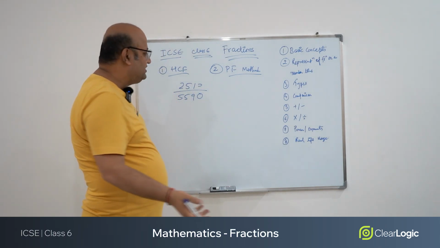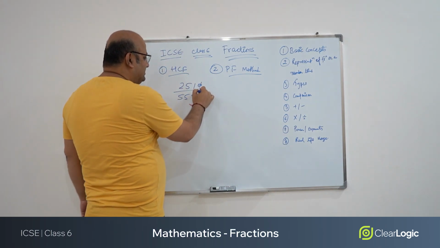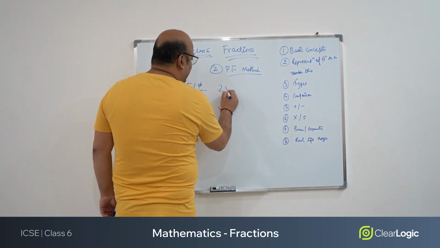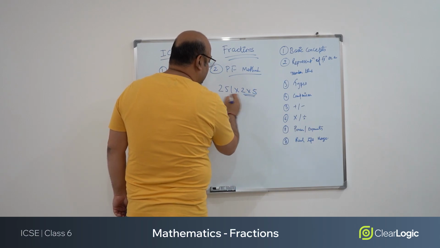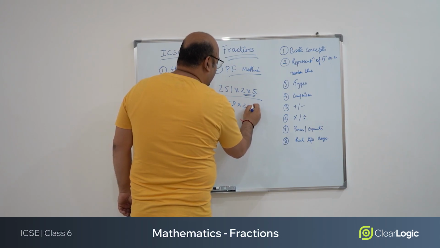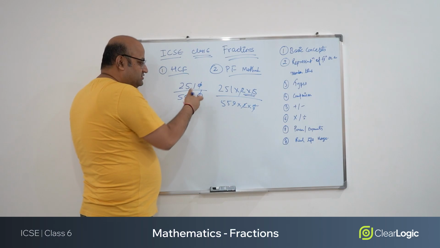What we'll do is, without thinking about what we are doing, we just cancel 0 with 0. What is happening is, we are cancelling 251 multiplied by 2 into 5, these two prime factors, divided by 559 multiplied by 2 into 5. Actually, cancellation is happening like this, but we always say, cancel 0 with 0.